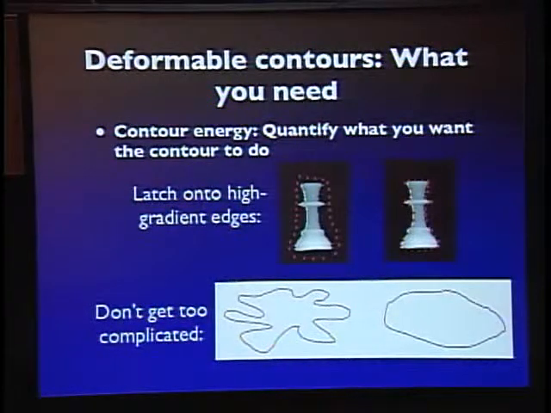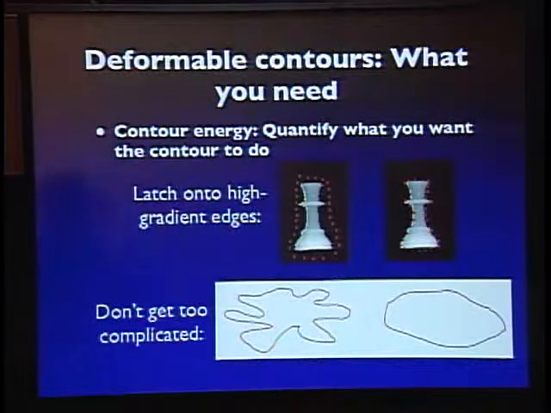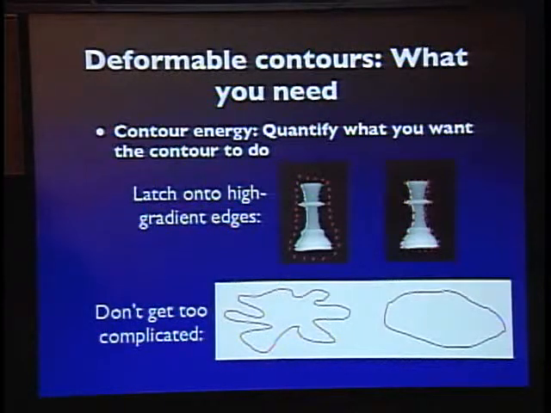However, while we think about contours as having energies in that sense, how we define the energy for any given contour is completely defined by us. So it's not simply defined by Newton's laws or by Maxwell's equations, but it's defined by you, the engineer, to encode what you want these contours to do.